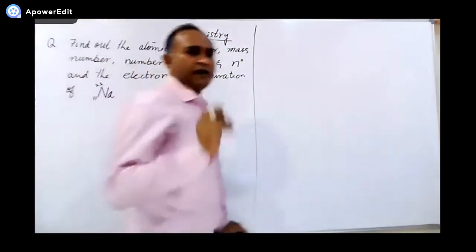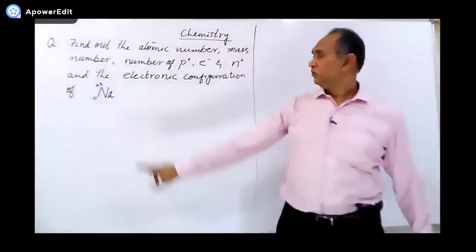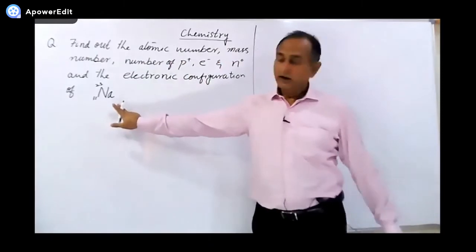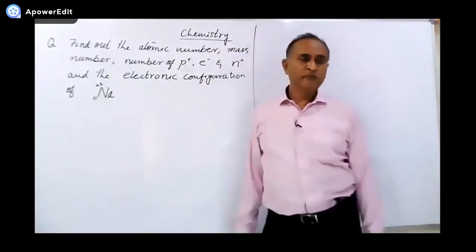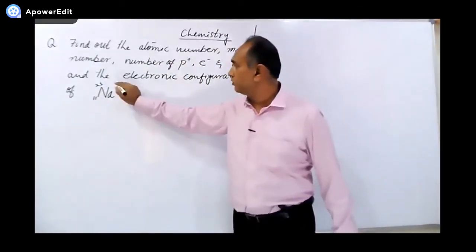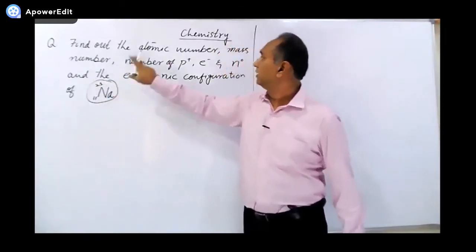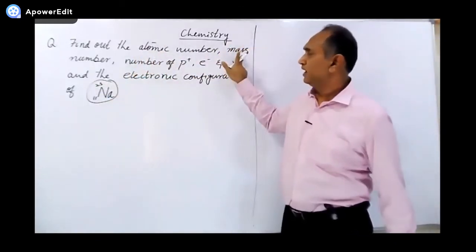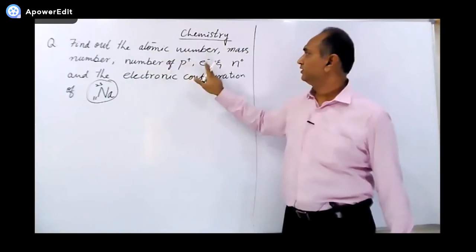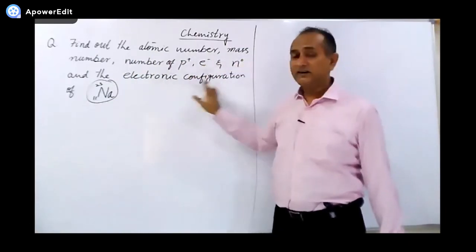So we have a symbol over here, sodium 11, 23, and we are going to find out its atomic number, its mass number, number of protons, electrons, neutrons, and electronic configuration.